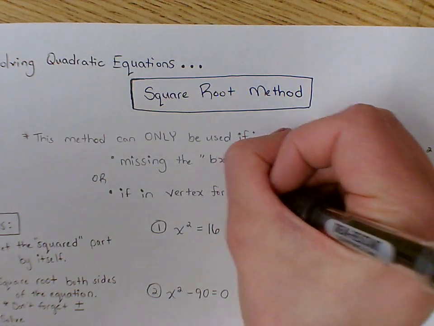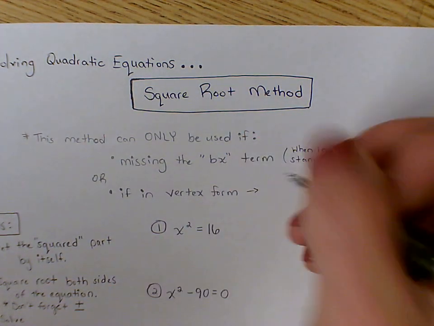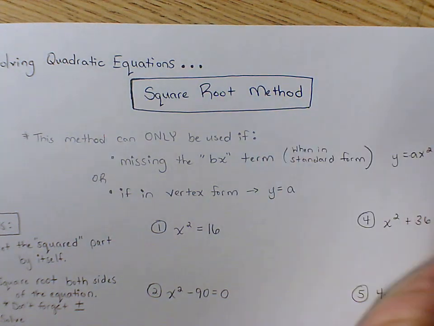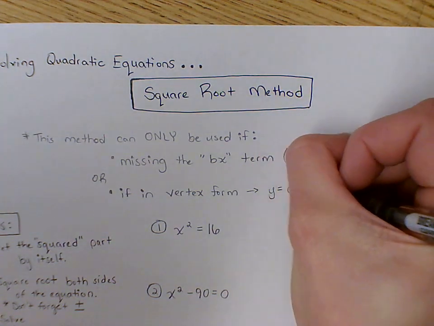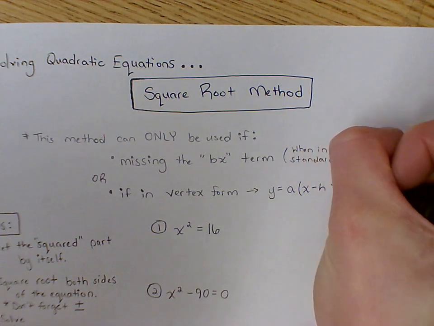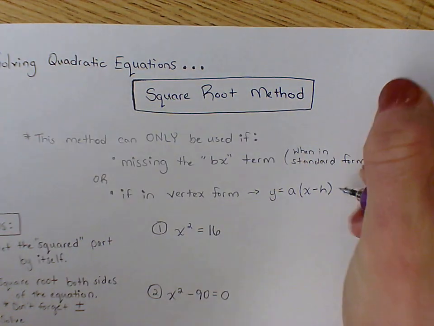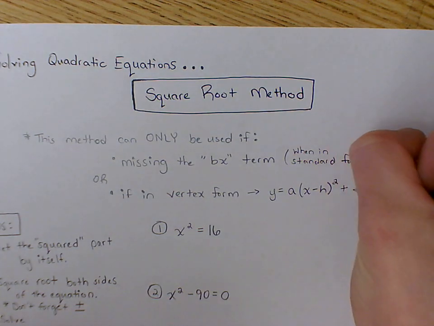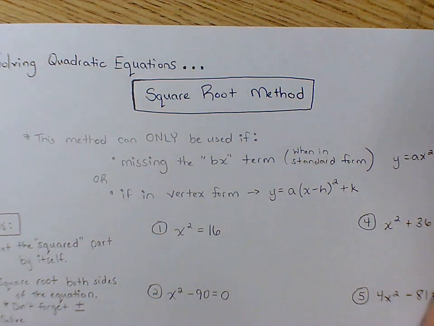So we're going to do some of those examples, but just to review vertex form, it's y equals a number up front, and then in parentheses x minus another number, and remember those parentheses have to be squared. And then you're going to be adding or subtracting a number on the outside, okay?